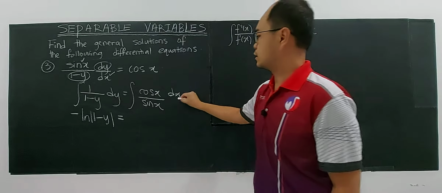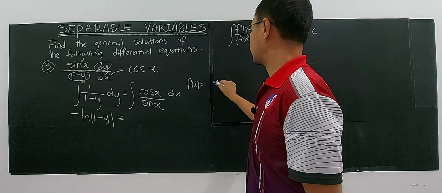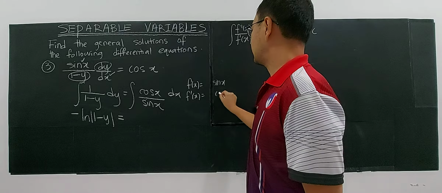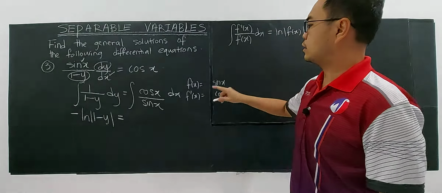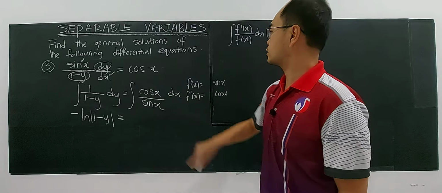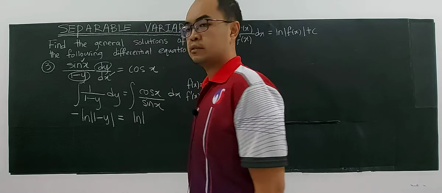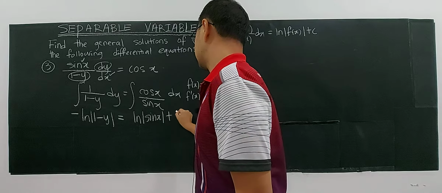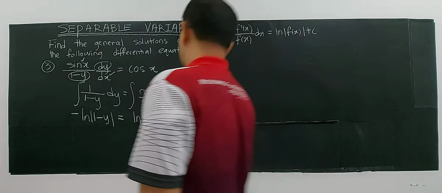For example, in this case we have f(x) as sin x, and if we differentiate, we get cos x, which exactly obeys this formula: f(x) is sin x, f'(x) is cos x. So we can rewrite this side as ln modulus sin x plus c, and this is the solution for this case.